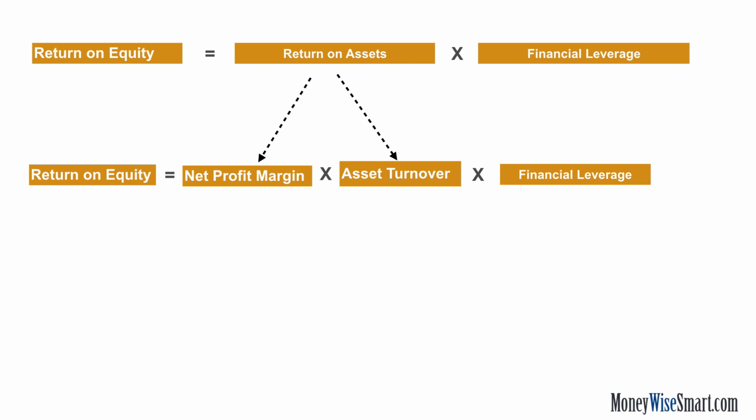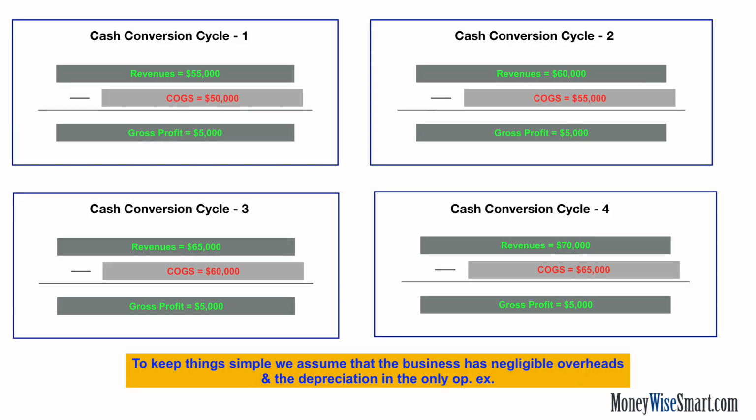The return on equity can be expressed as a product of the net margin, the asset turnover, and the financial leverage. Now, let's imagine a different situation where I'm okay with making slightly lower profit every time I sell the apples, but as a result, I get to sell the inventory much faster.